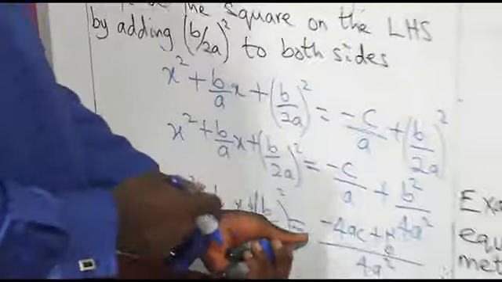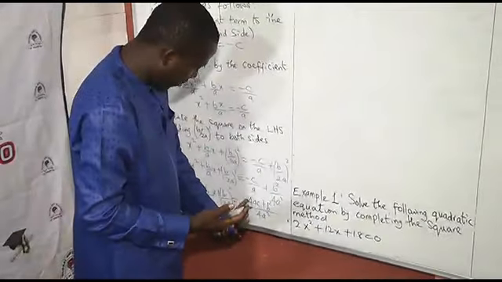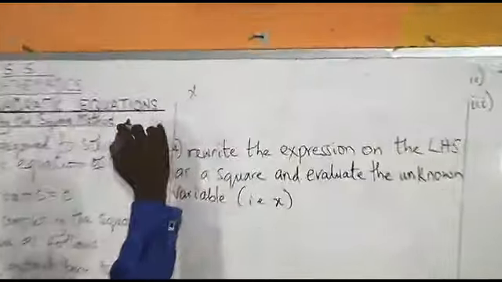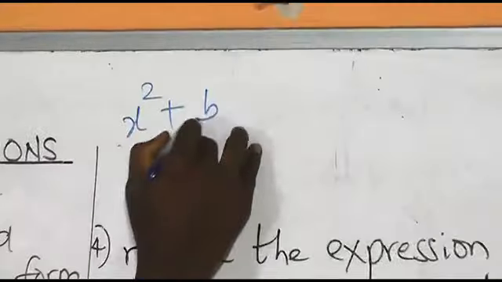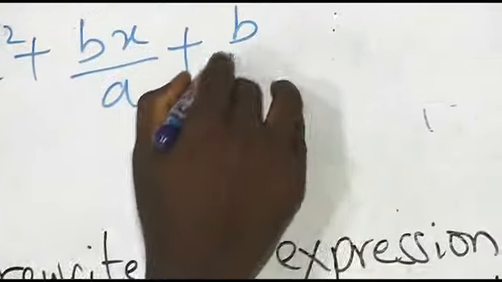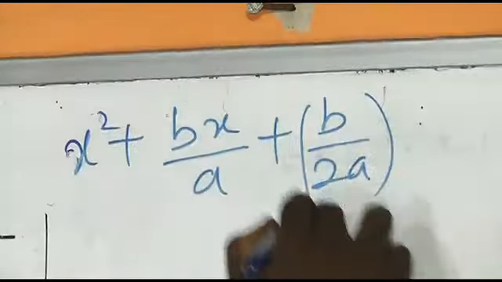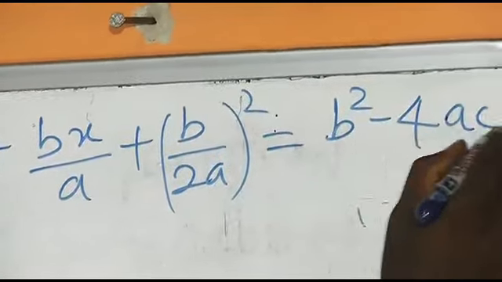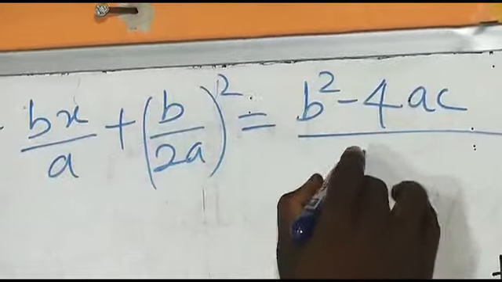Now, the term on the right hand side can be written as b over 2a all squared equals b squared minus 4ac all over 4a squared.